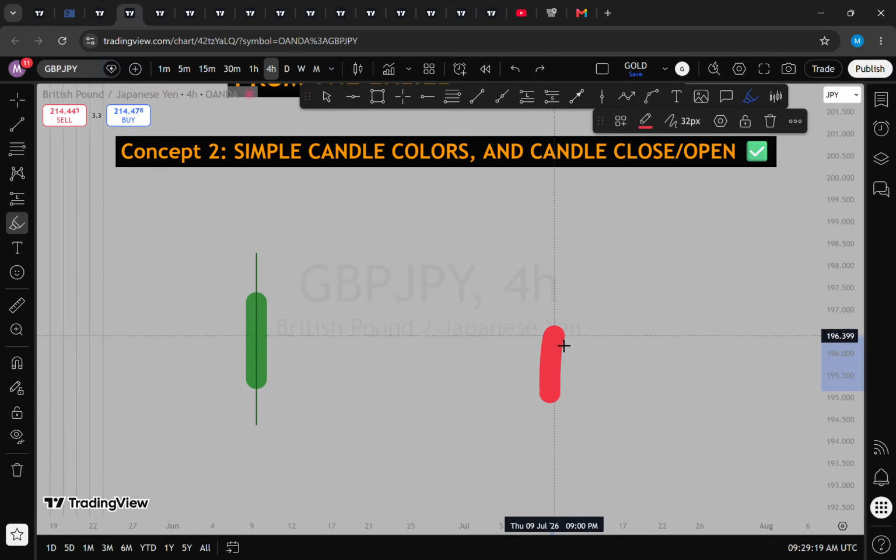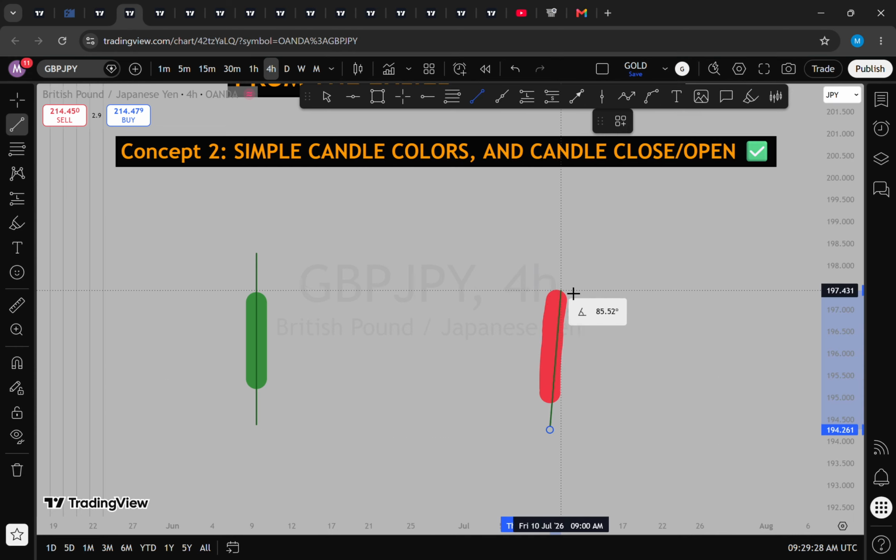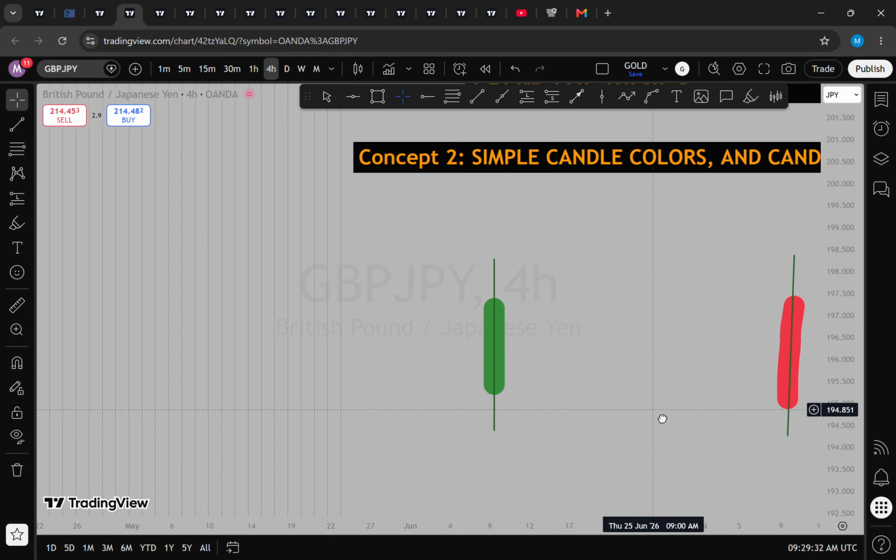Let me take that again. I think this one is better now. The bearish candle, and now the wick. Now let's quickly label it out.